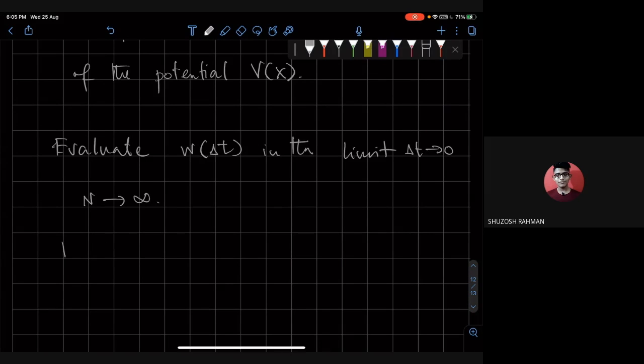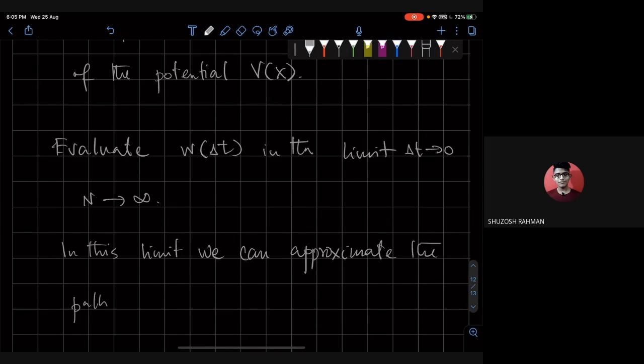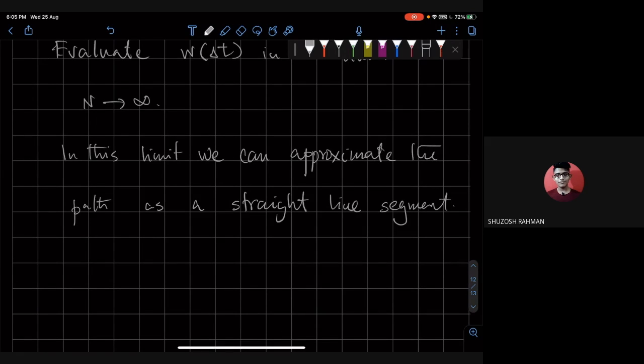So in this limit, we can approximate the path as a straight line segment. If I do that, then I can express the action, which is an integral from t to the power n minus 1 to tn dt. Remember that this is done for a particular path.